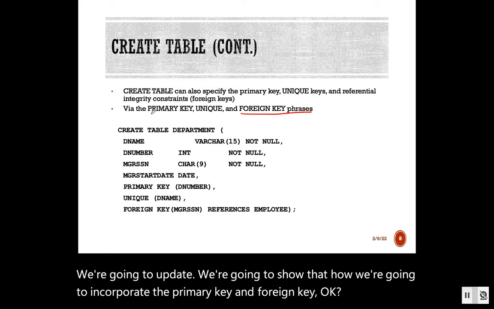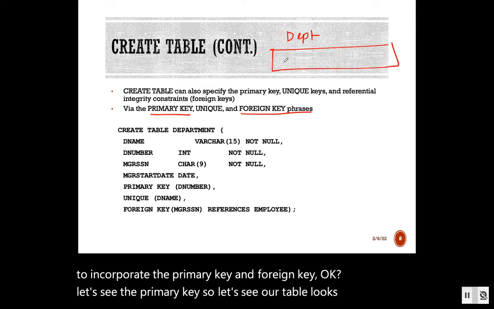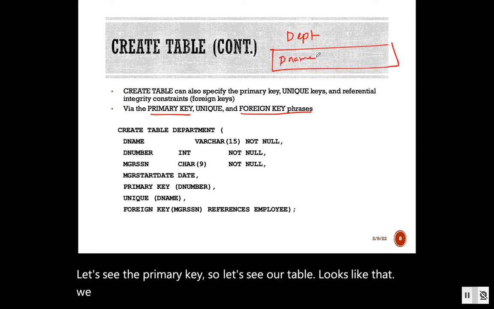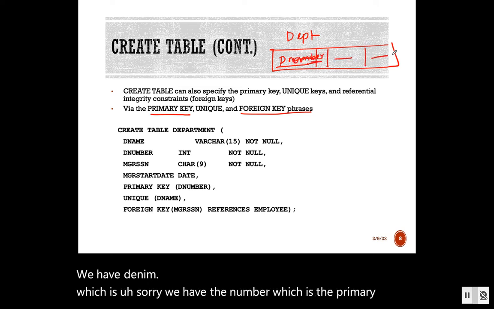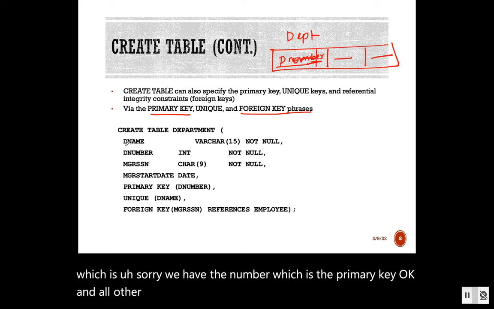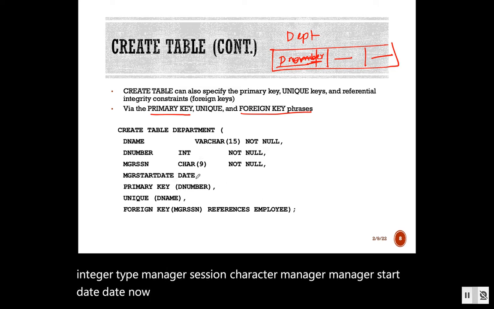Now let's see the primary key. Let's see what our table looks like. We have dname, we have dnumber, which is the primary key, and all other attributes. So we are specifying dname varchar, dnumber integer type, manager SSN character, manager start date date. Now we are not done yet because we have to specify the primary key.